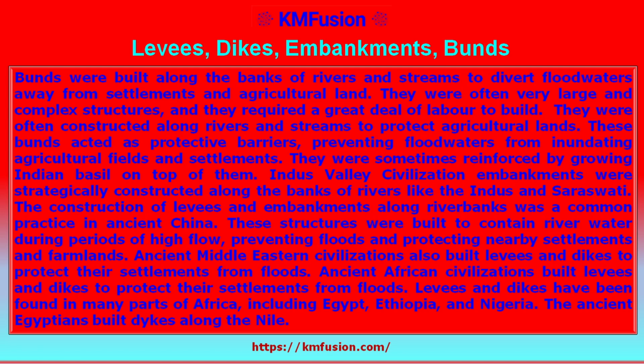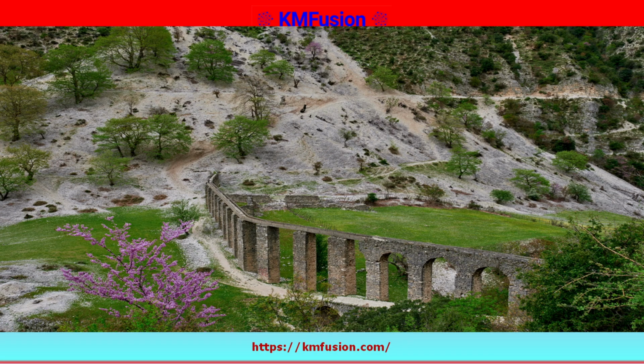Ancient Middle Eastern civilizations also built levees and dikes to protect their settlements from floods. Ancient African civilizations built levees and dikes to protect their settlements from floods. Levees and dikes have been found in many parts of Africa, including Egypt, Ethiopia, and Nigeria. The ancient Egyptians built dikes along the Nile.